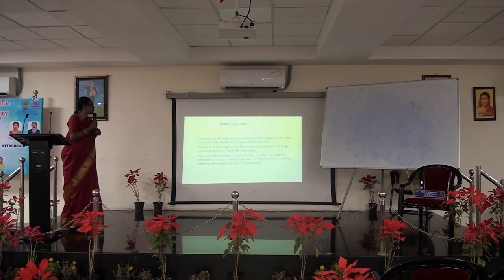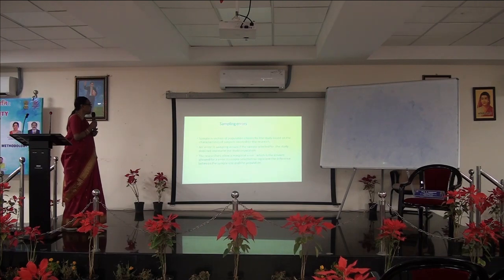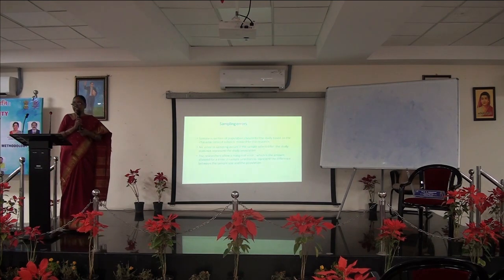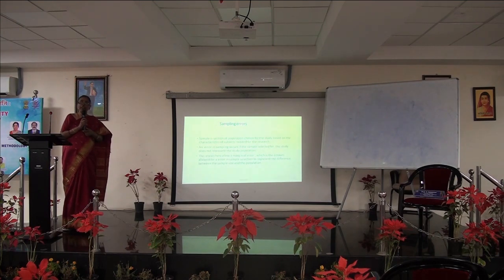Next one. Sampling errors. A sample is a section of the population that is chosen for the study based on the characteristics of such subjects needed for the research. You will decide on whom you want to conduct the research. The age group, the gender, and the locale of the study are also decided, where you want to conduct it, and then on whom you want to conduct it, what the characteristics are: their age, gender, educational status, occupational status.